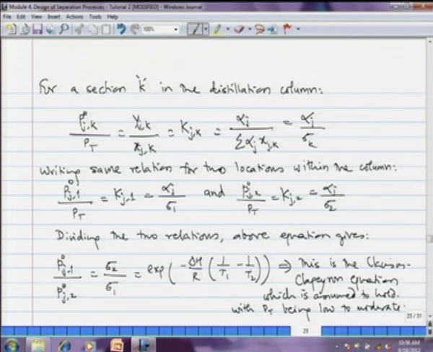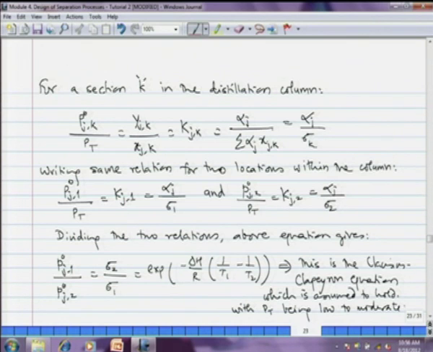For a section k in the distillation column, for a component j, you can write P naught jk divided by PT, which means the vapor pressure of the jth component in section k divided by the total pressure, is equal to Yjk divided by Xjk, where Yj is the vapor mole fraction of that component and Xj is the liquid mole fraction of that component in that section, is equal to Kjk.